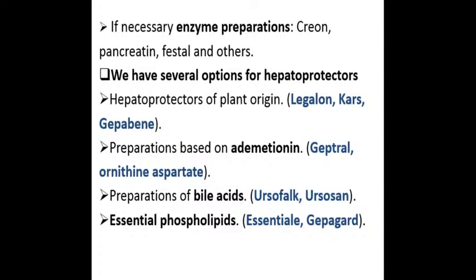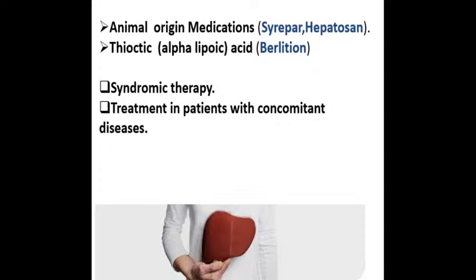Next, it is essential phospholipids. And animal origin medication, Sirepar and others, and thioctic acid, berlition. Next, we must do syndromic therapy and treatment in the patient with concomitant diseases.